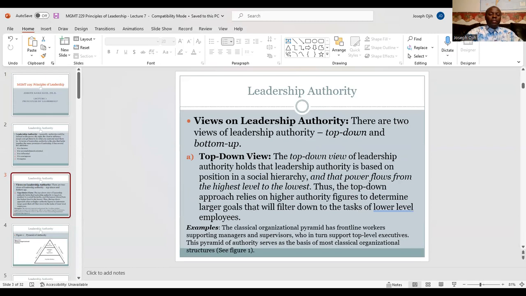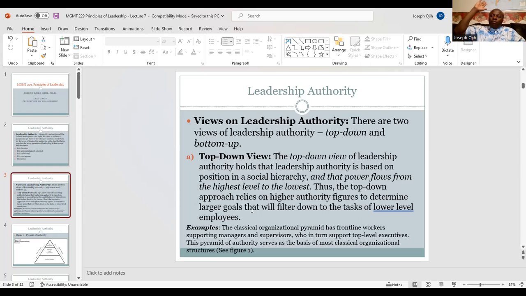As the name implies, this view sees authority as something that flows from the top to the bottom. In other words, any kind of leadership authority is based on the position in the hierarchy, and the power that follows the authority flows from the highest level to the lowest level.